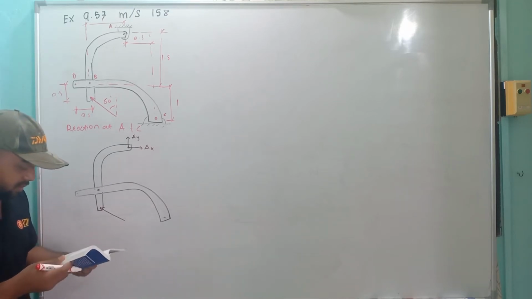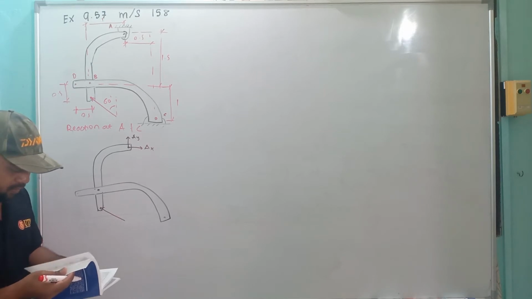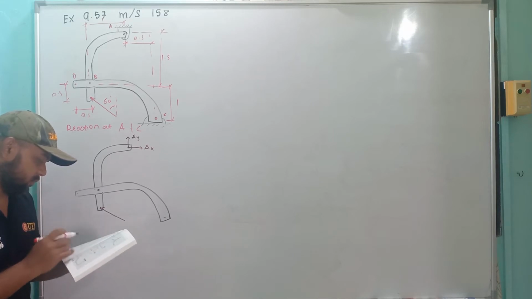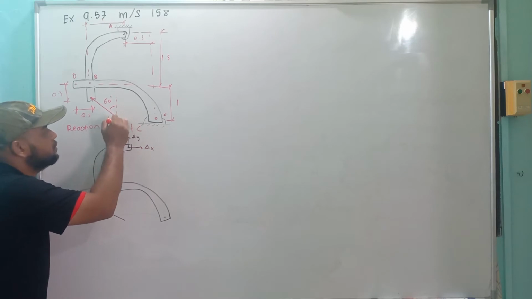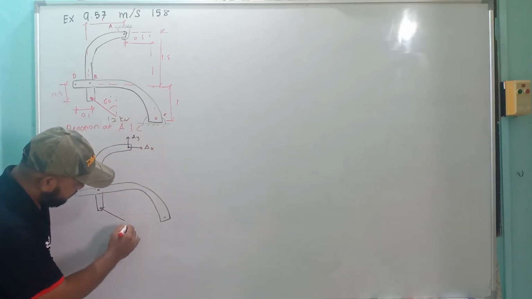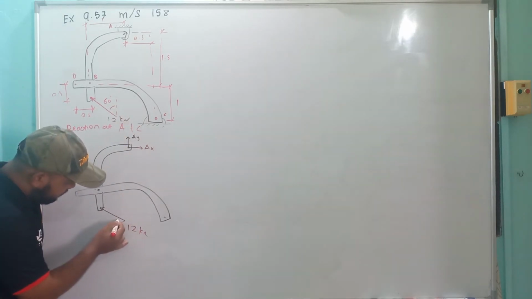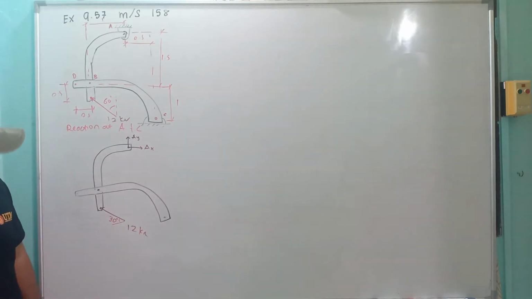It is 12 kilonewton. This here is 12 kilonewton. Given 60 degree, so here is 30 degree. Okay, 30 degree done.